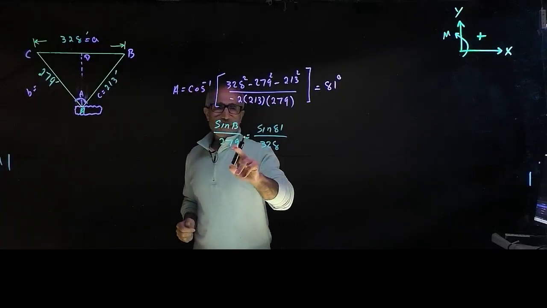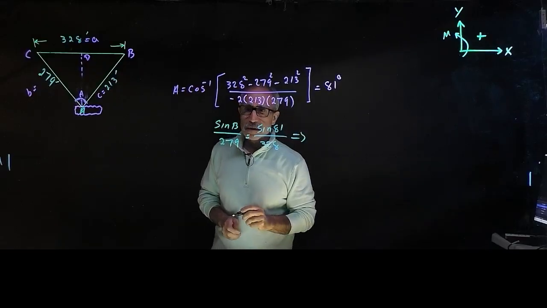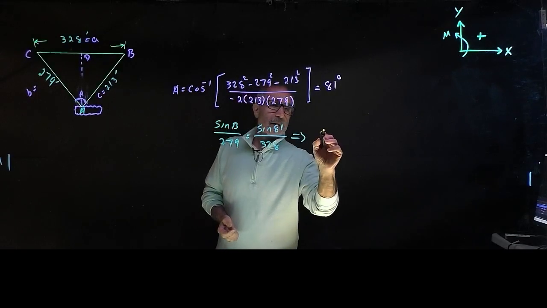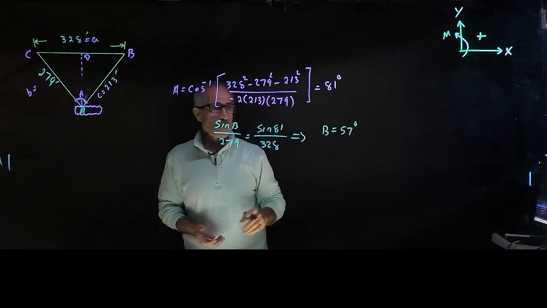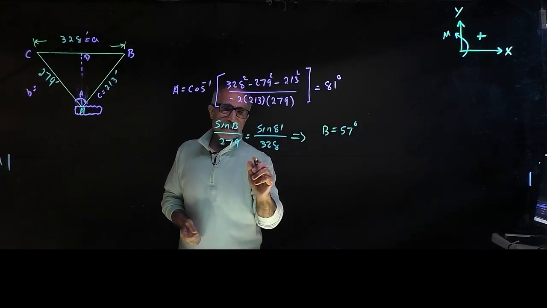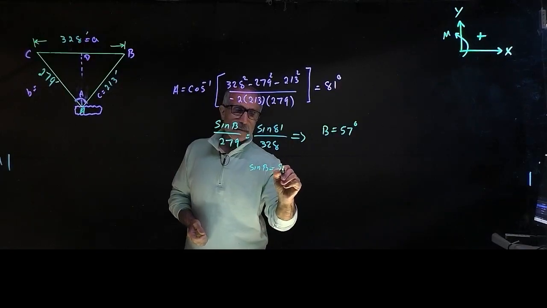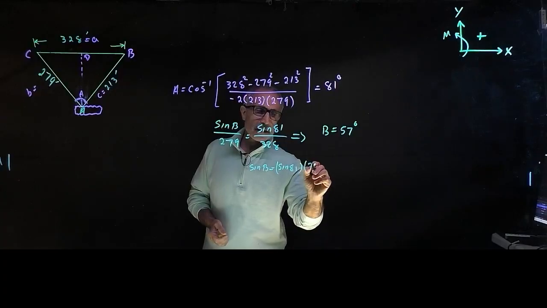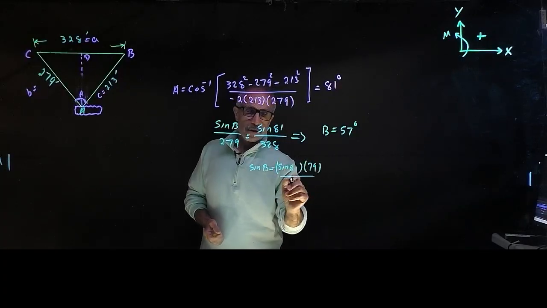So sine 81 times 279 divided by 328 will give me sine B, and inverse it, and B comes out to be 57 degrees. You should know how I got that. You know how you get that, right? So sine B is equal to sine 81 times 279 divided by 328.